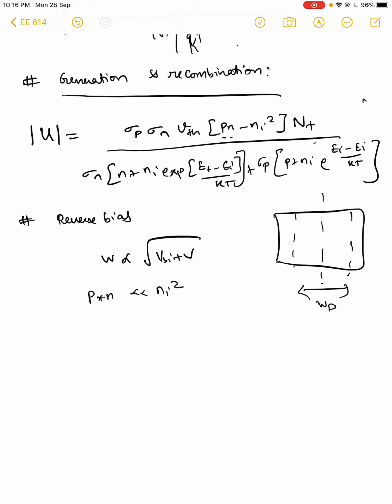And once again, in these two terms, we can take n being much smaller than ni.